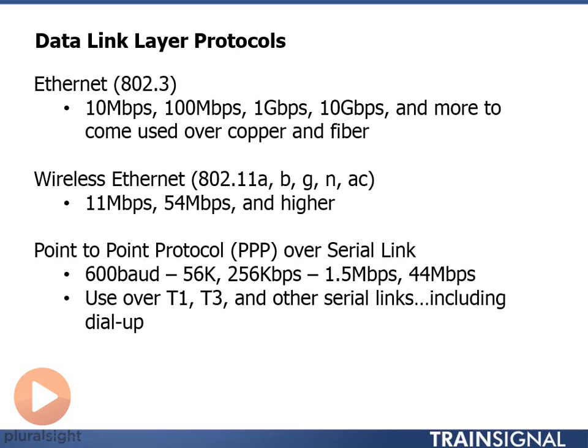Well, when we used a dial-up modem, we actually used PPP as the data link layer protocol to send traffic over that modem. In that same way, we build bigger network connections using serial connections that are called T1s and T3s. Now, those T1s and T3s have a pretty ancient history.